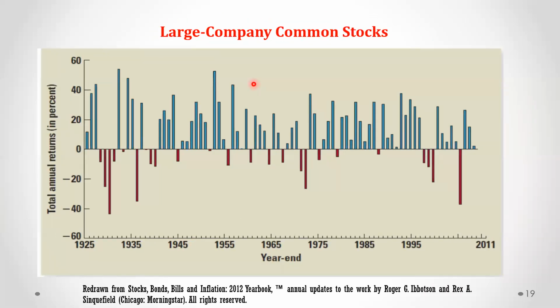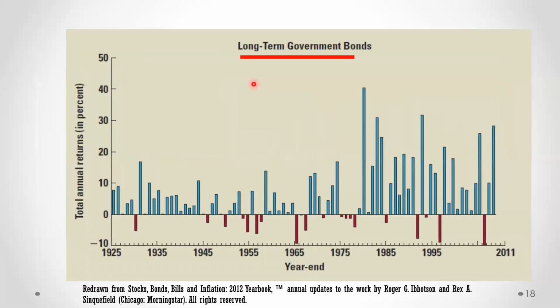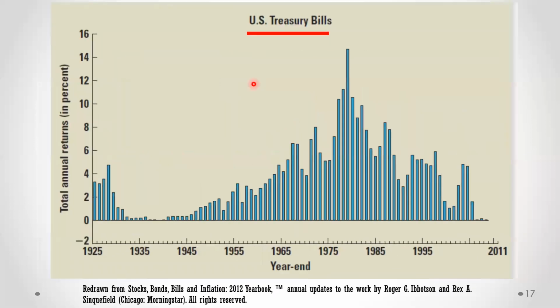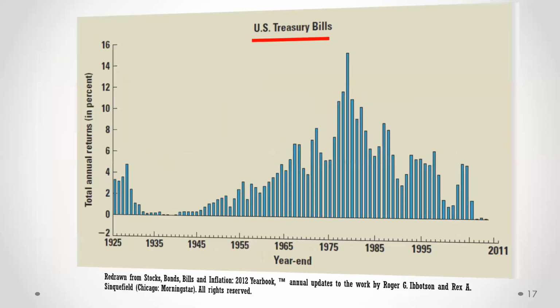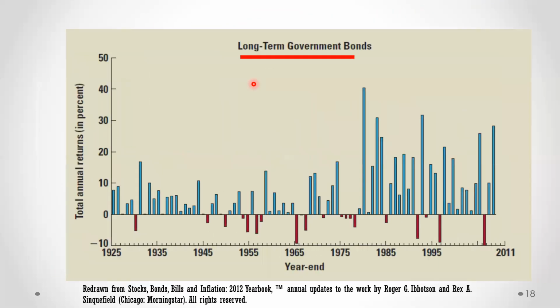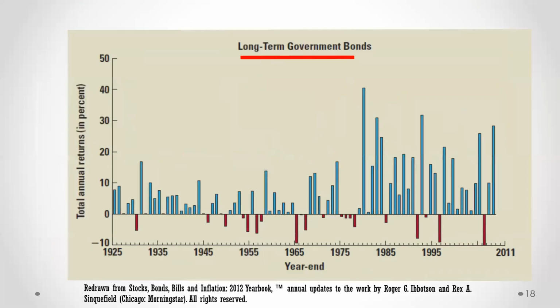And large company stock is more risky than long-term government bond. Long-term government bond is more risky than the Treasury bill. And because Treasury bill is the risk-free asset, it should provide the lowest return. And long-term government bond needs to provide a risk premium, so a little bit higher return compared to Treasury bills.